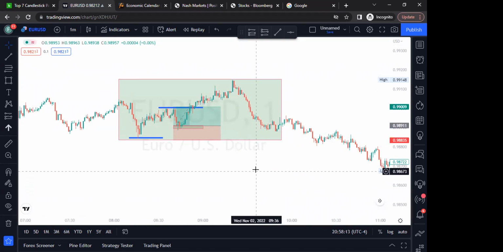Let me join this Zoom really quick. One second.